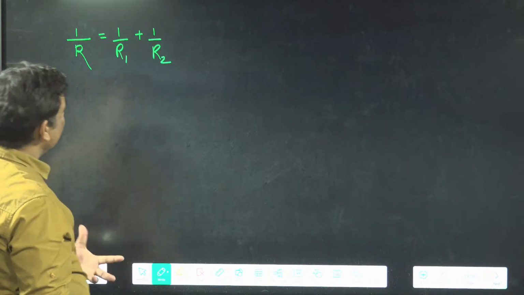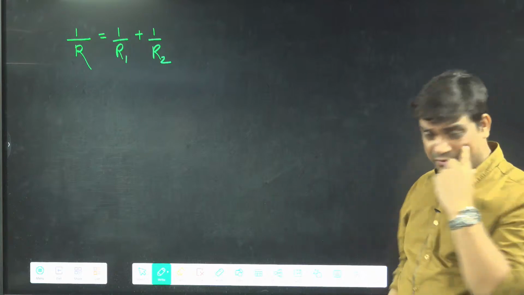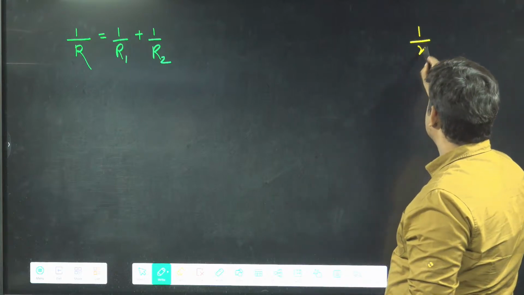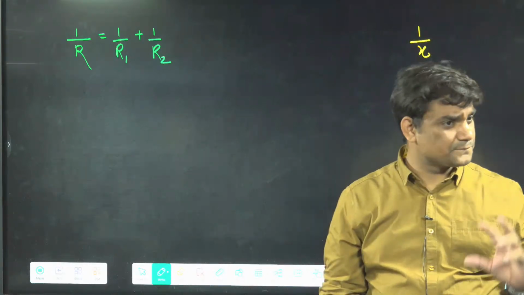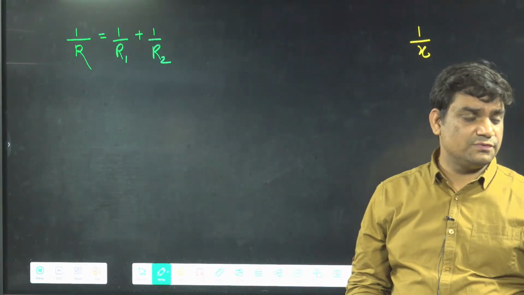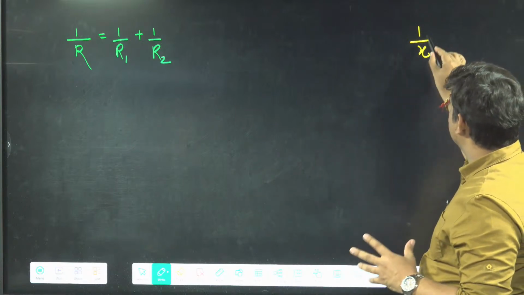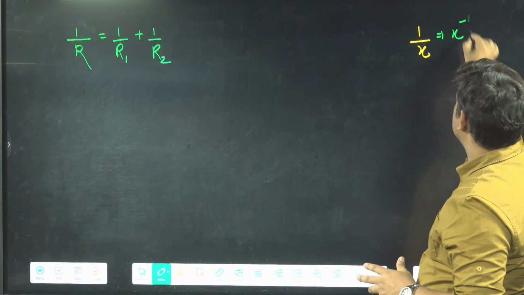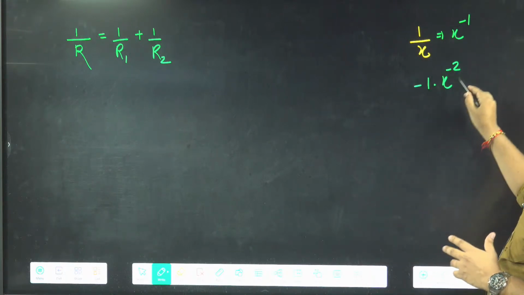Now, we need to find the error. And you know, when you have to find the error, you need to do differentiation. So what is the differentiation of 1 by X? We can differentiate like this: x power minus 1, and then we use minus 1 into x power minus 2 into dx.